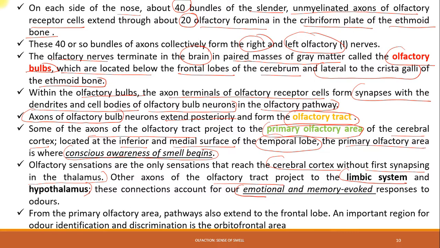Similarly in olfaction, some of the olfactory neurons reach the limbic system and hypothalamus, so that we have emotional and memory-evoked responses to certain odors.